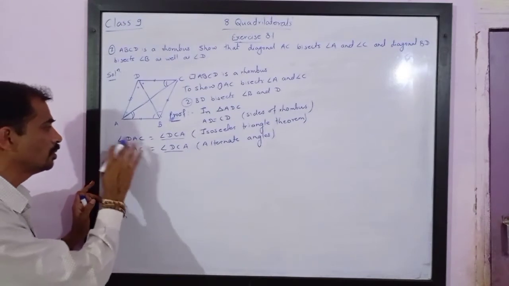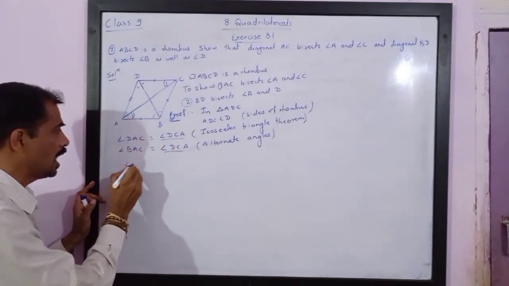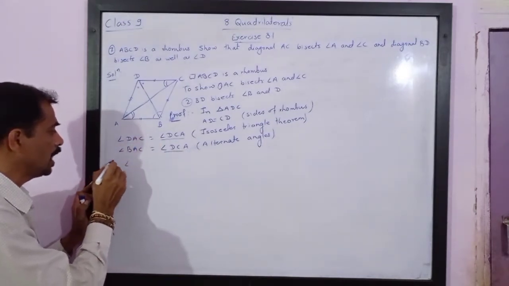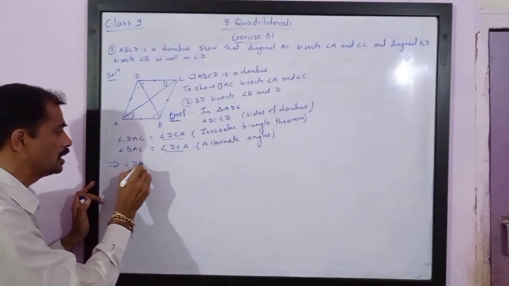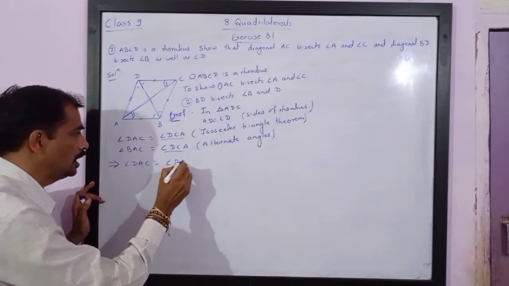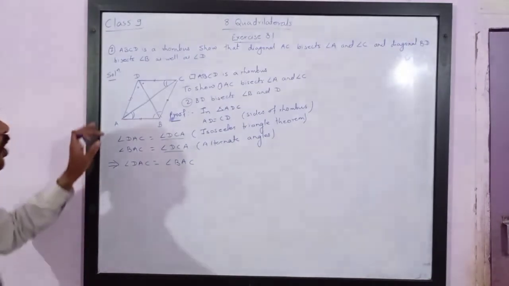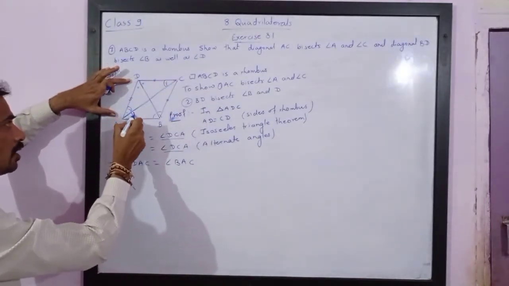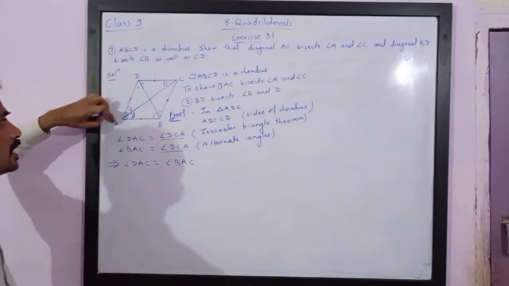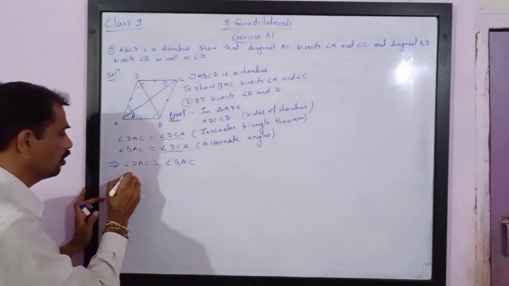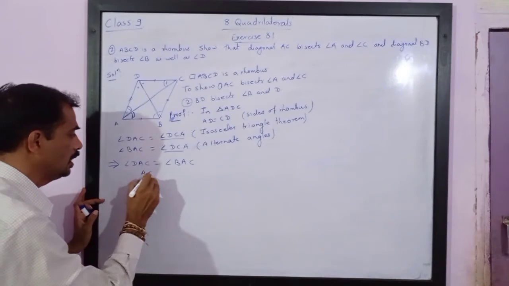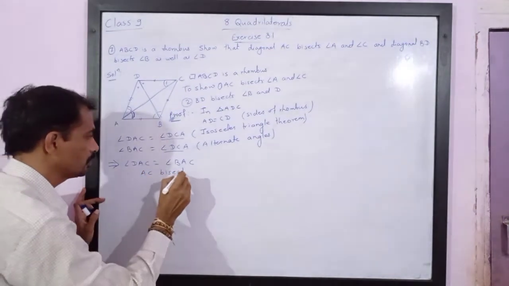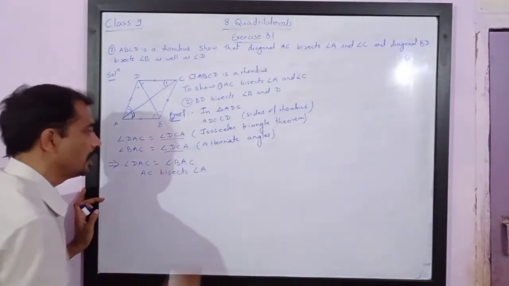So from these equations this implies that angle DAC equals angle BAC. Now see what we have got. DAC equals BAC. Means these two angles are equal. It means AC bisects angle A. Therefore, I can say that AC bisects angle A.